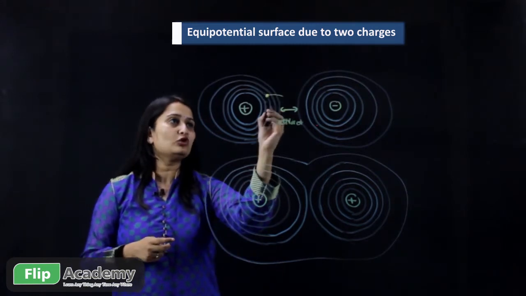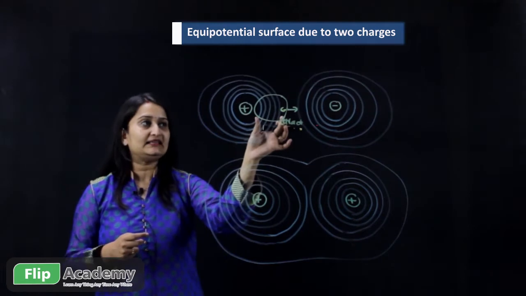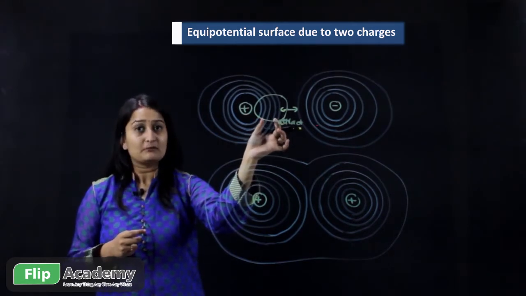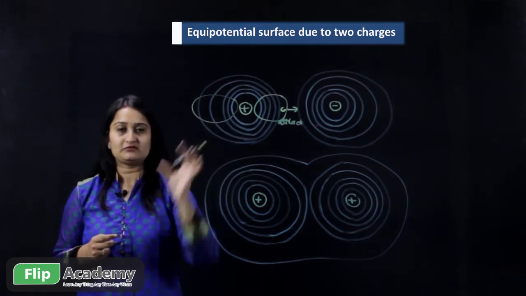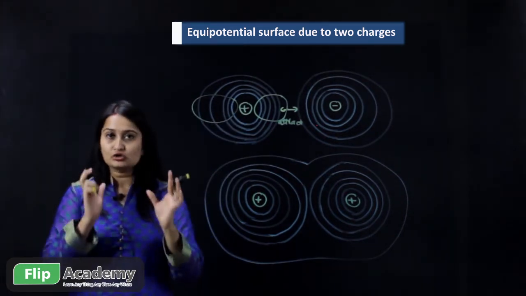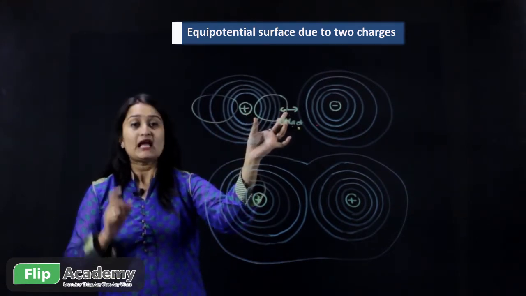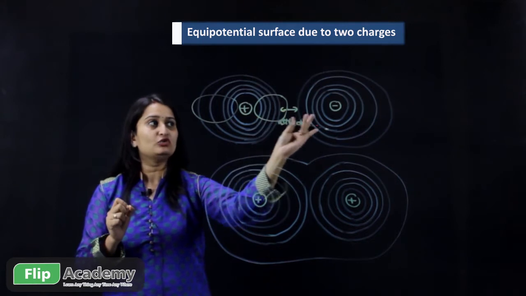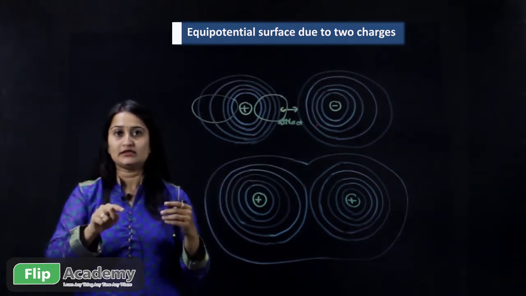That is, if you look at this particular portion, here the equipotential surfaces are more dense, and if you look at this particular portion, the equipotential surfaces are rare, that is, they are less dense and apart. So this shows that the tendency of the equipotential surface for the positive charge is towards the negative charge, because they are heading towards each other.